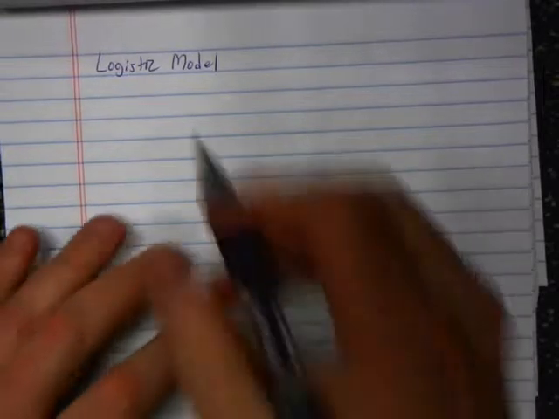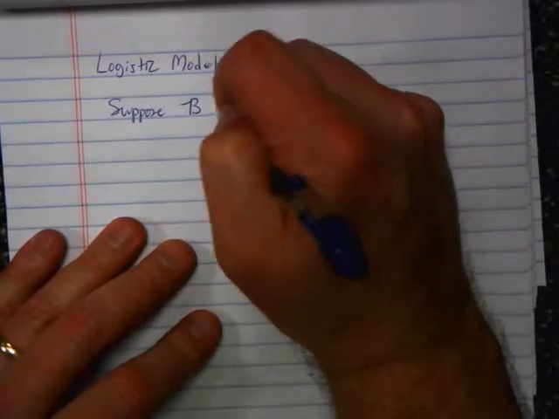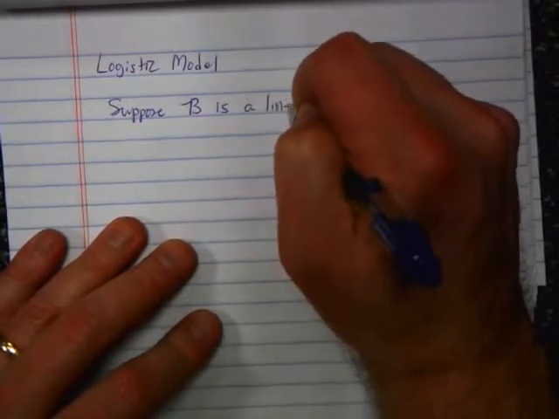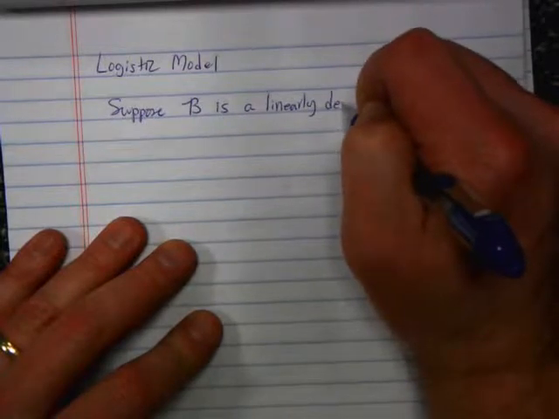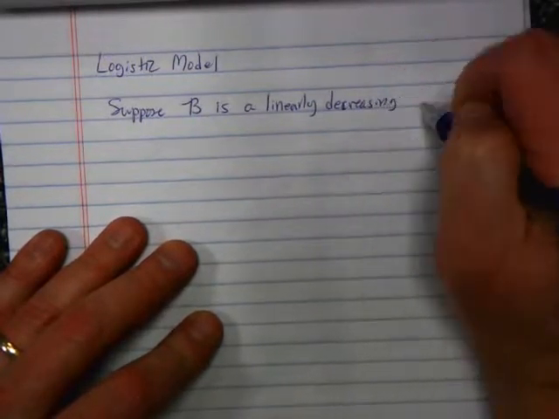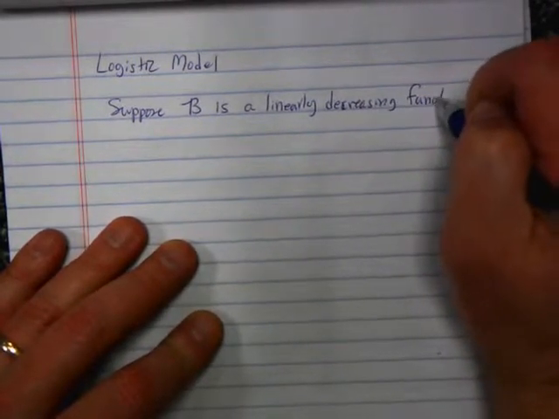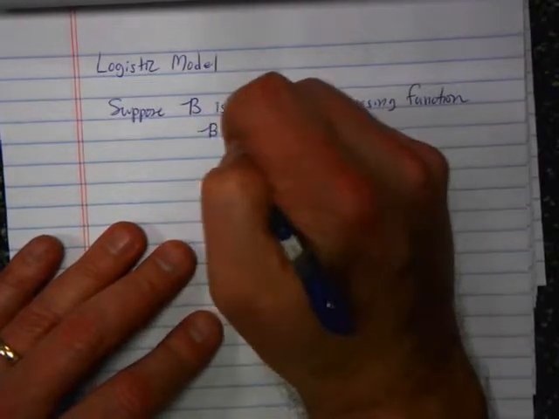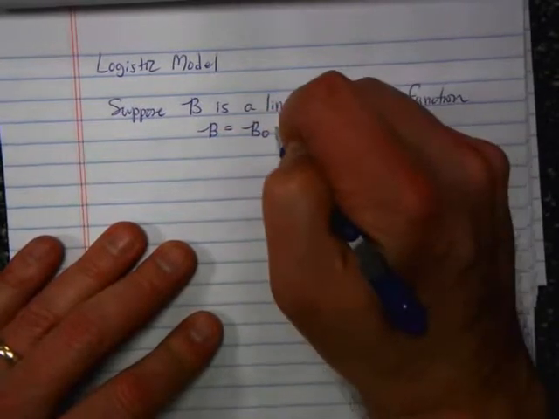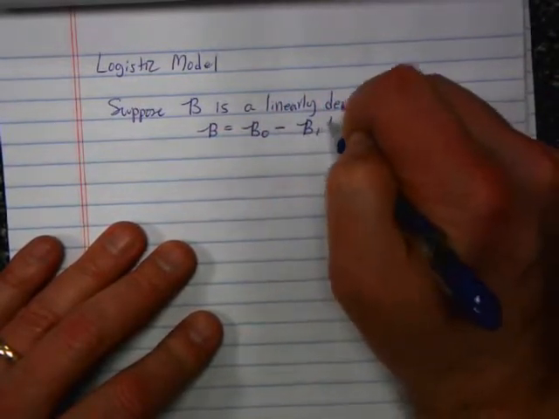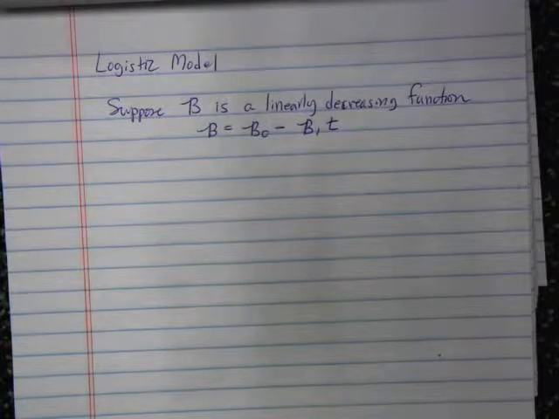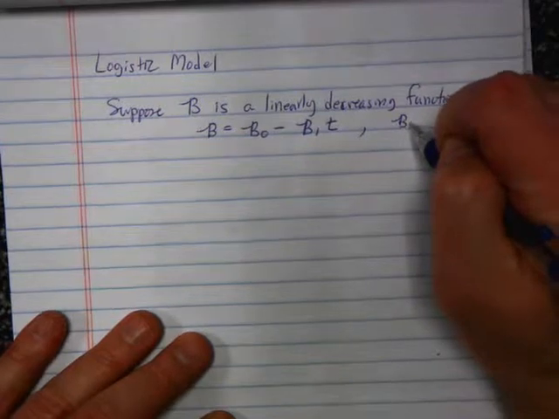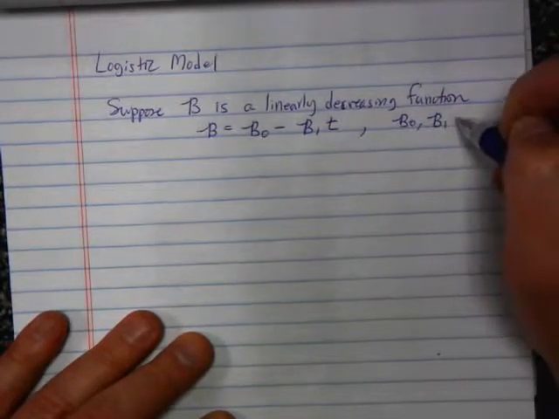So we're going to suppose the birth rate is a linearly decreasing function. So we're going to write beta equals beta 0 minus beta 1 t. That's a linearly decreasing function, as long as beta 0 and beta 1 are both positive.